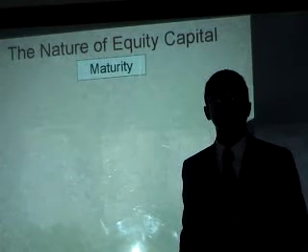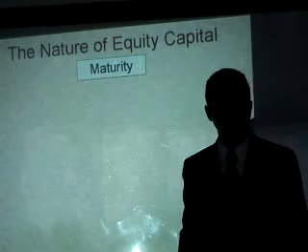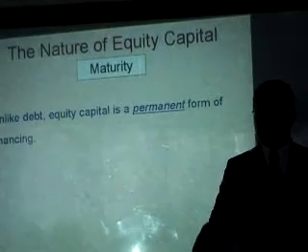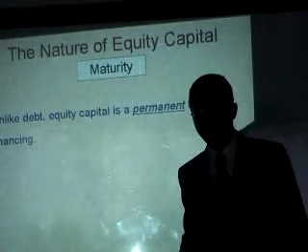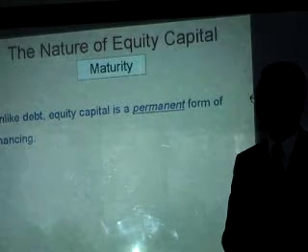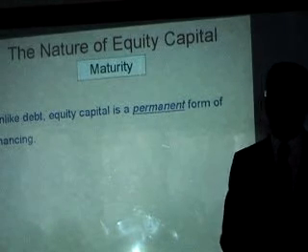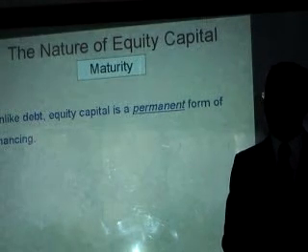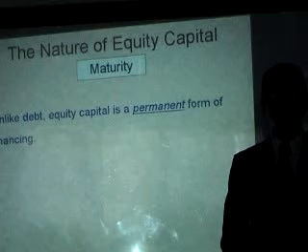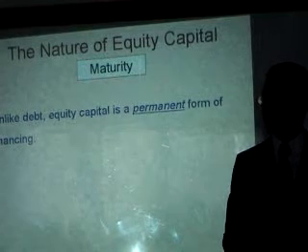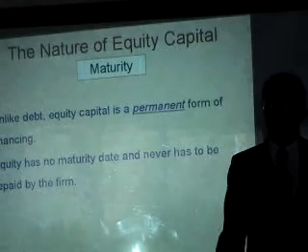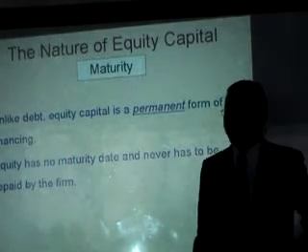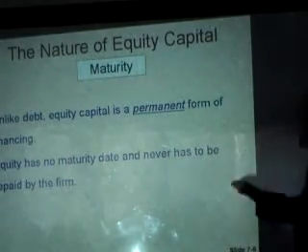It is until infinity. Equity capital is actually a permanent form of financing. Once the equity has been issued, it will be in the market as long as it can be. So equity has no maturity date and never has to be repaid by the firm.